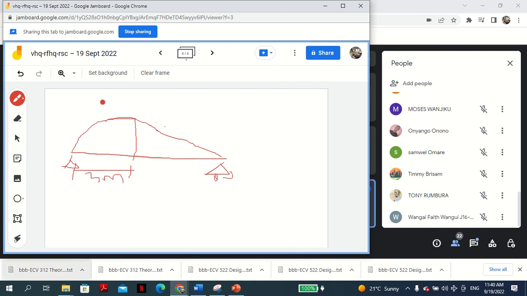And the maximum, of course, let me try to give it a better representation. Not at 3 actually. The maximum bending moment occurs at the place where the shear force is 0.